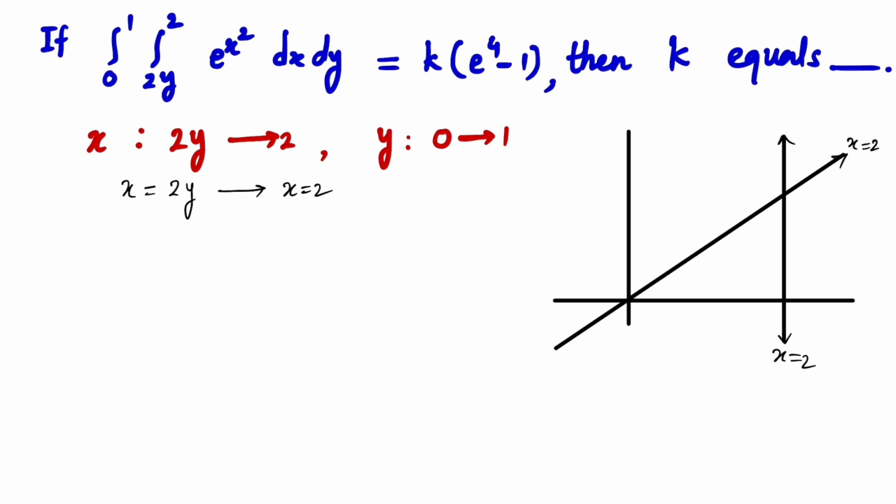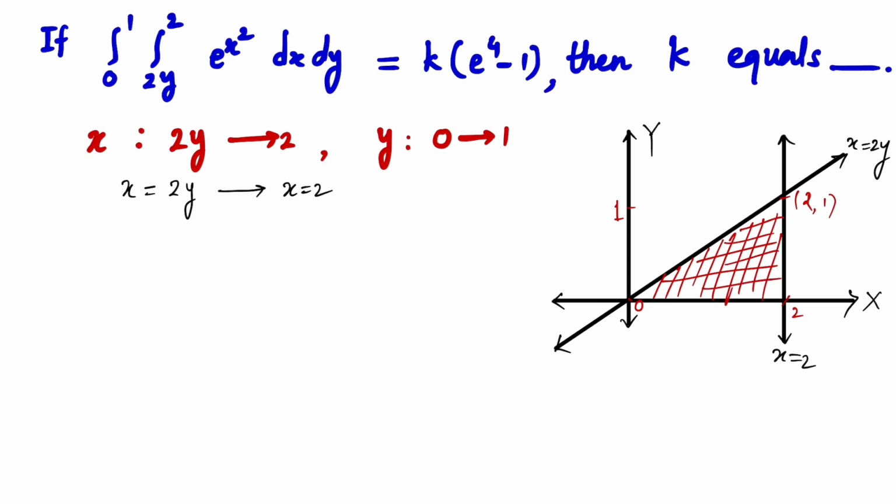So x is equal to 2y, and now this is y axis, x axis. So what is the region? It is y is varying from 0 to 1. So here we have 1, here we have 2, this point is 2 comma 1, this is 0. So this is our region of integration, right?